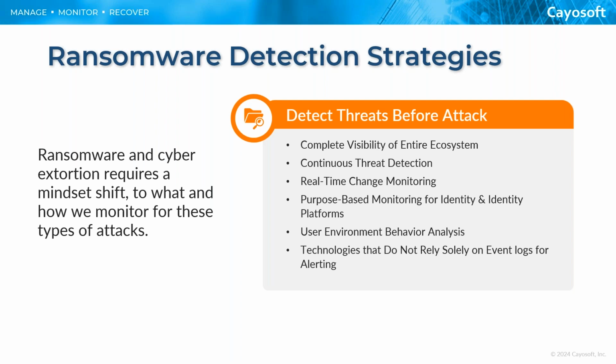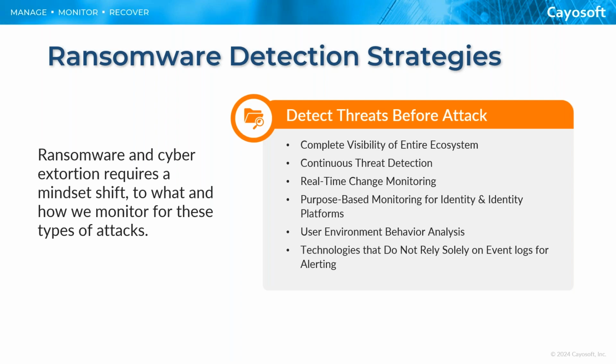Real-time change monitoring, right? Who, what, where, and when did they attack? Or what was changed? The ability to even roll back those changes if they're malicious in nature. We need solutions that are purpose-based monitoring for identity and identity platforms because of the unique challenges that we talked about.